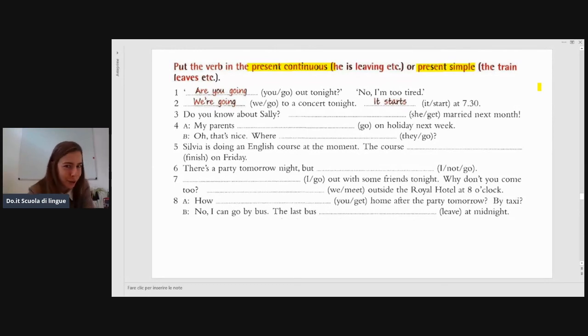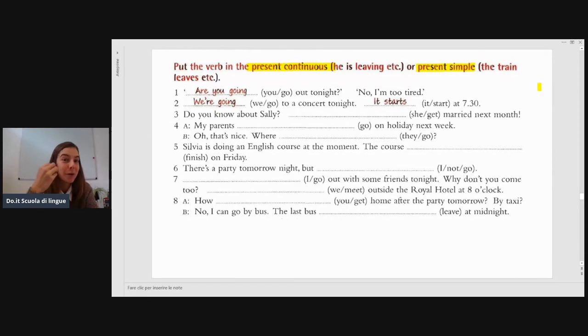L'altra persona deve sapere di questa cosa, quindi è pianificato con qualcun altro ed è 100% sicuro. Ok? A meno qualcuno non ci ripensa all'ultimo momento. Ok, anyway. So what is going to be the right answer? Okay, Martina says she gets married.